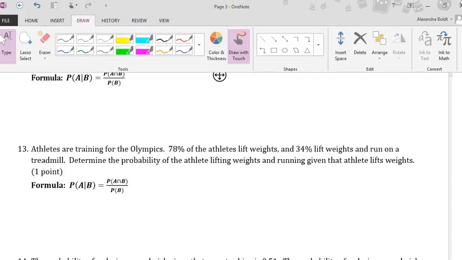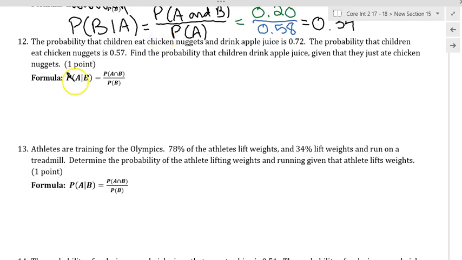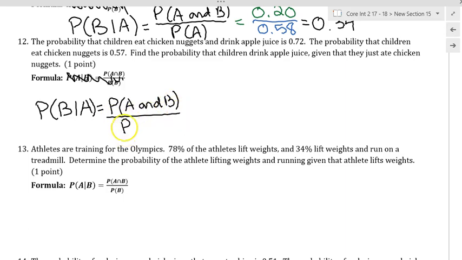So again, I'm going to change our formula. It'll be right on the test. Probability of B given A is probability of A and B over the probability of A.